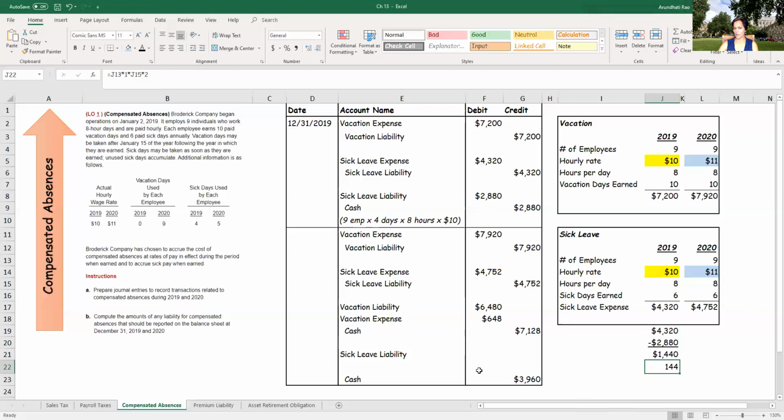Okay, so I do the adjustment over here, and that again is going to be the sick leave expense debit 144. And the liability is what we have as a balancing figure. So it's basically this 1440 will be wiped out, plus will be eating into the liability from the current year. That is the accrual from the current year.